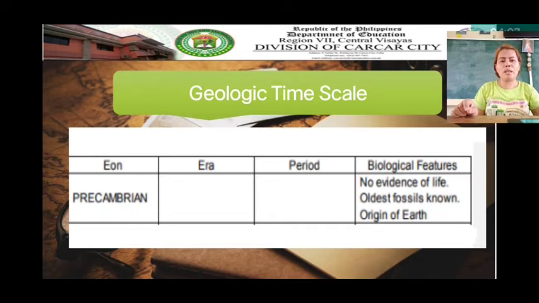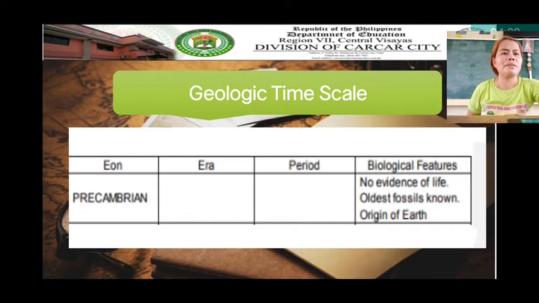For the Precambrian aeon, the biological features that can be seen is no evidence of life and all these fossils known, and origin of Earth. So the origin of Earth started at Precambrian aeon.